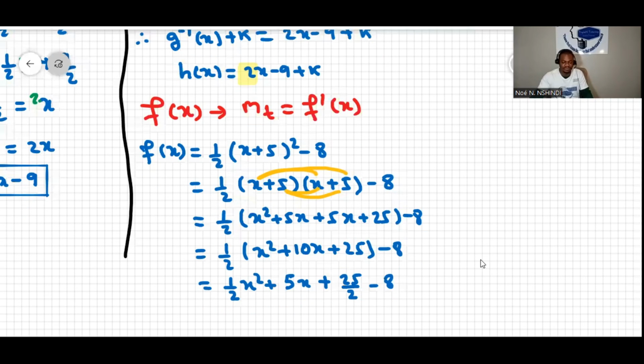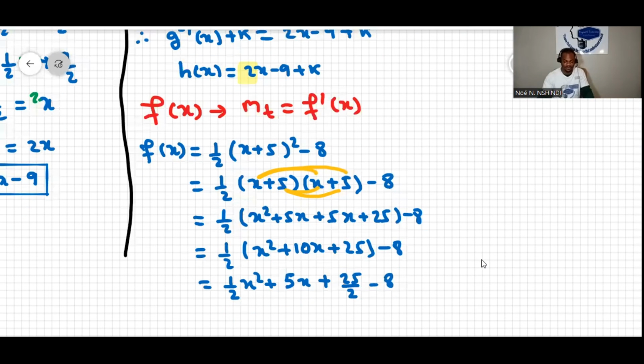Okay, I don't really need to go further. We can just find the derivative from here. So f prime of x would be equal to the derivative of this part, which will be 2 times a half times x to the power of 2 minus 1. Why am I doing that?